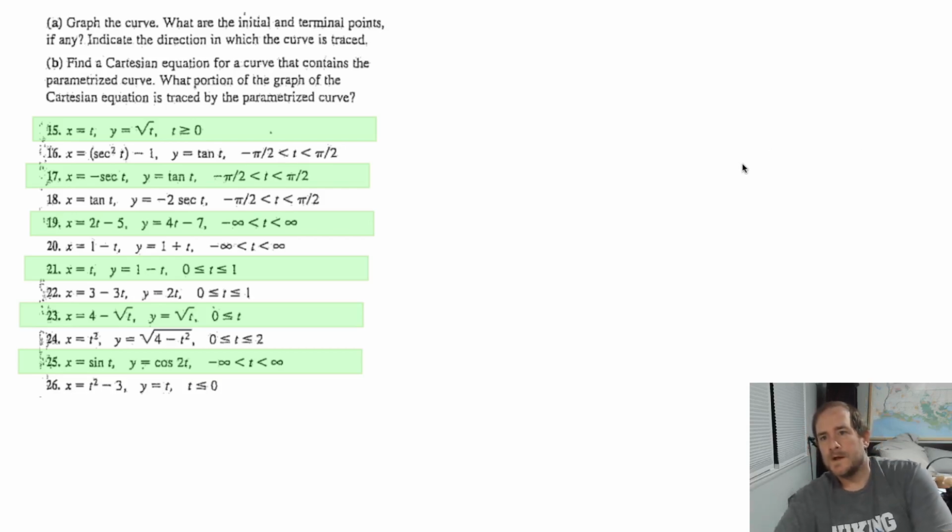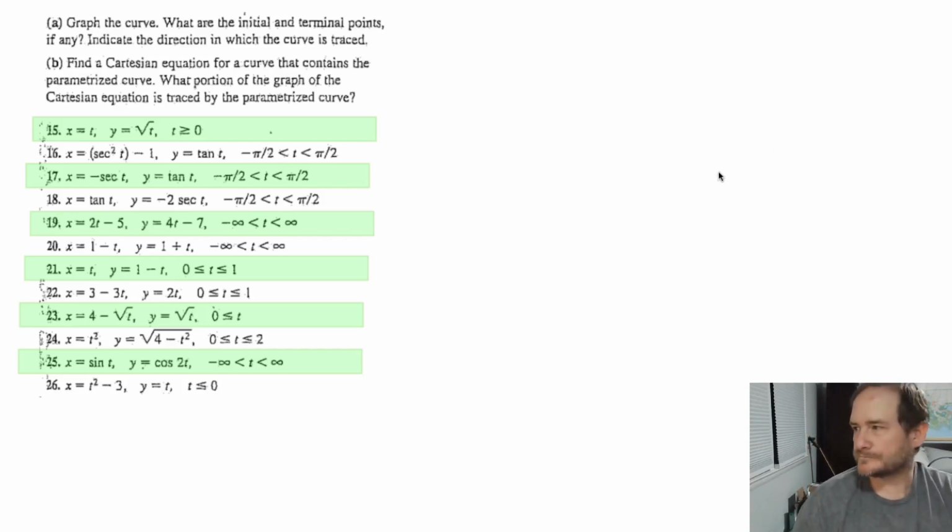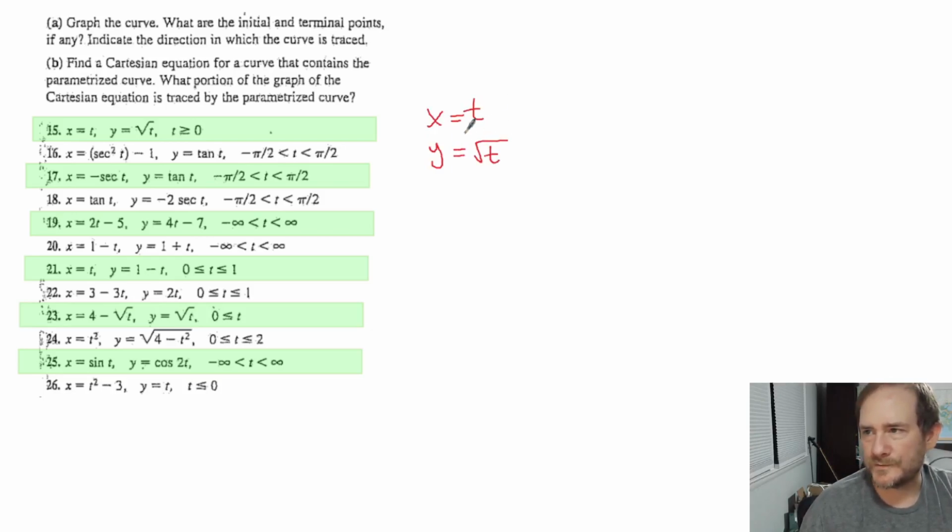Okay, so 15. 15 says that x equals t, and that y equals root t. So it should be pretty obvious that if you just square both sides here, you get a y squared that equals t.